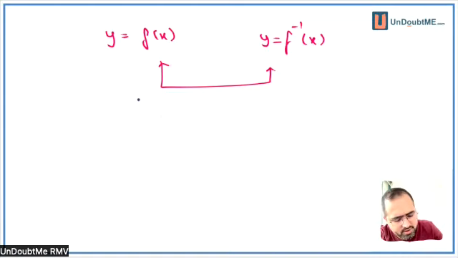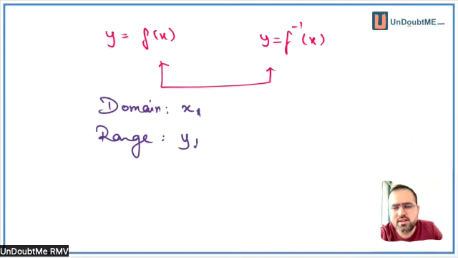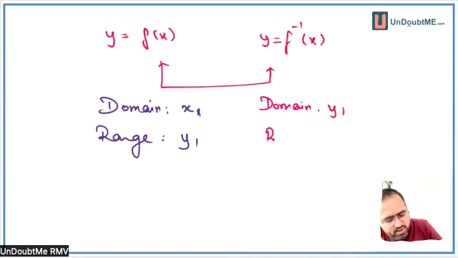So if domain of f(x) is, let's say, x1 and range is y1, I'm just taking a certain value to make you understand better, then domain of f inverse will be y1 and range will be x1.